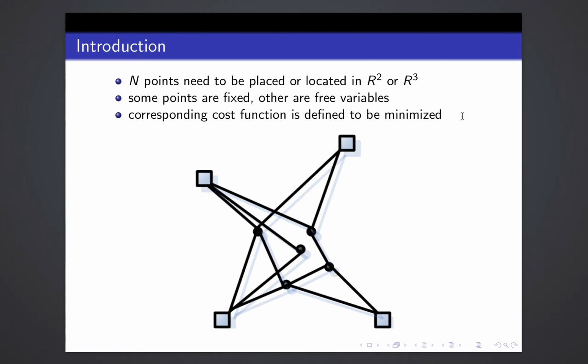As we can see here in the figure, the square nodes are fixed while the black dots are free variables, which are our design variables. So our objective may be to minimize the length of the links between them. So this is the problem in my topic.